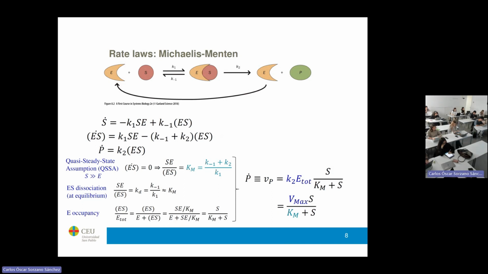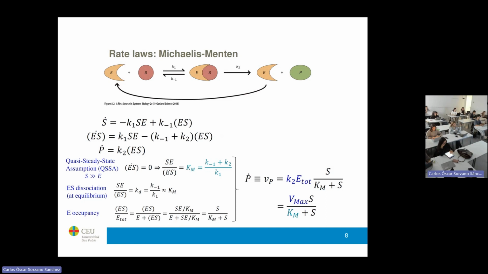And now you can rearrange. So if they are equal, you can take K1, put it to the right, ES, put it to the left. So this ratio, we will call it Km, and on the other side, what you have is this one. So it is just rearranging this equation when it doesn't change over time.